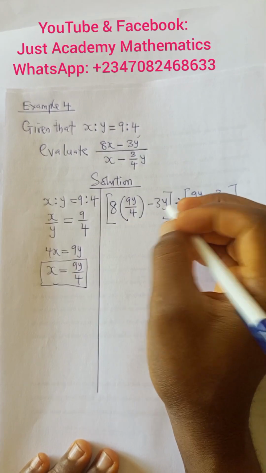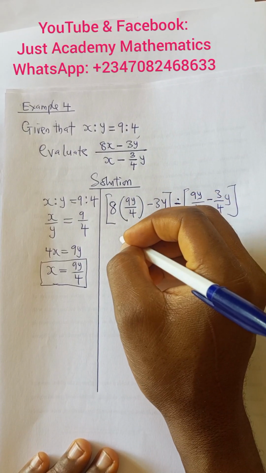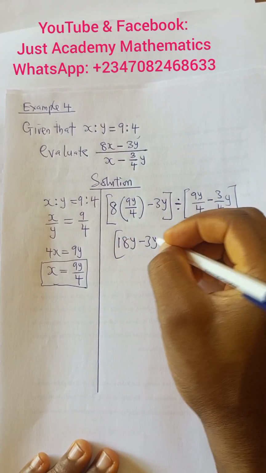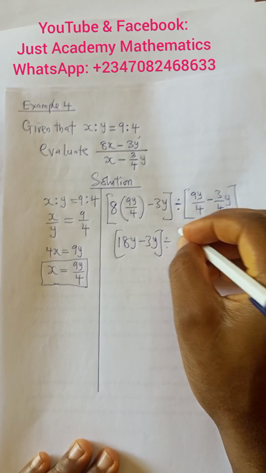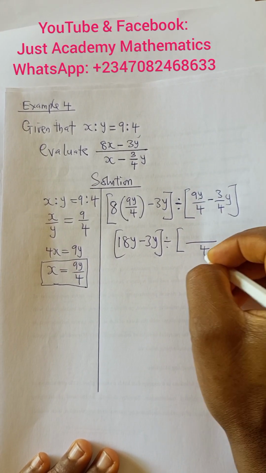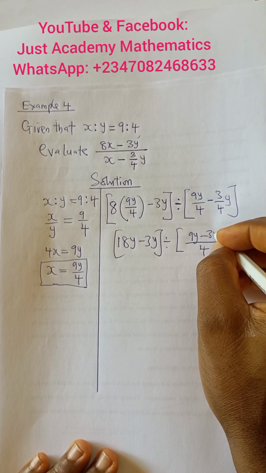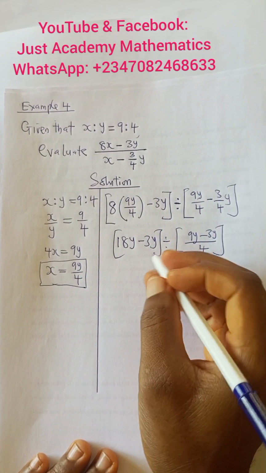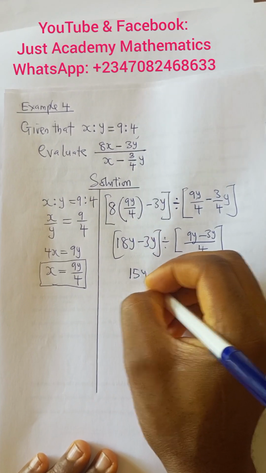4 cancel 8, 2. 2 times 9, 18Y minus 3Y. Divide by, here, LCM here will be, of course, 4. So you have 9Y minus 3Y. So 18Y minus 3Y is what? 15Y.